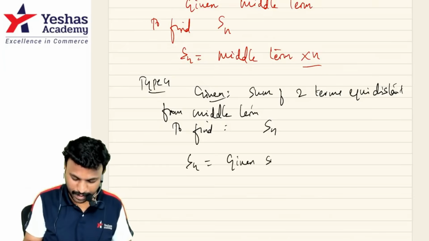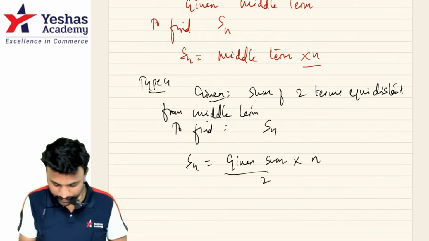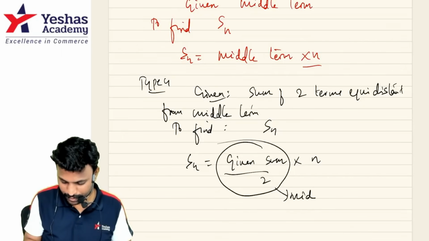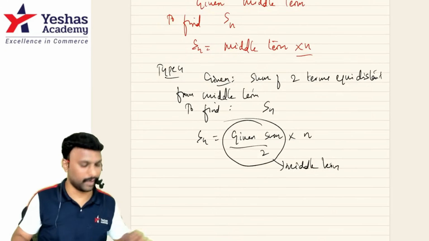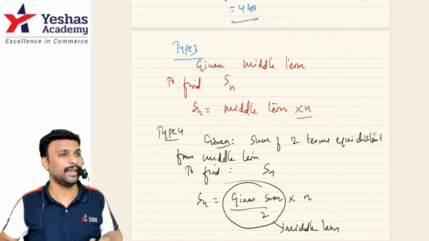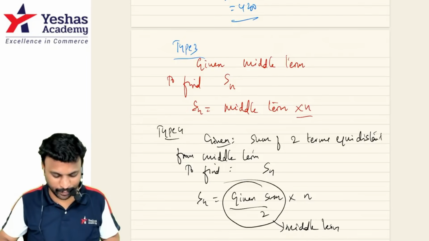Given sum divided by 2, into n. Correct? Given sum by 2, if I do, I get the middle term. This is type 4. Type 3 is where the middle term is directly given. Type 4, sum of the two terms equidistant from the middle term.